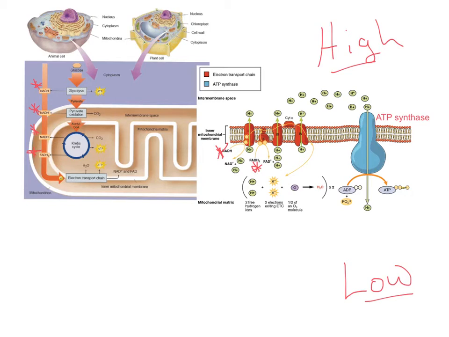So the electrons move down the chain here, and with each move, they bring in some hydrogens. All right, so the NADHs bring in some hydrogen as they go. Then the FADH2s bring some in. And all these electrons start to pull the hydrogens back across the membrane from low to high.